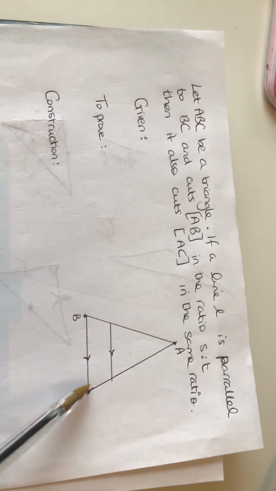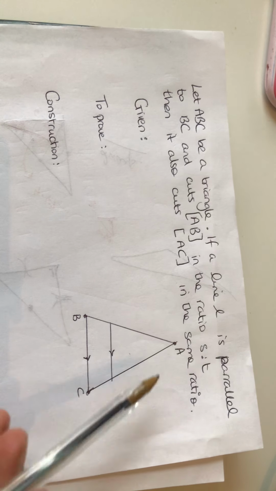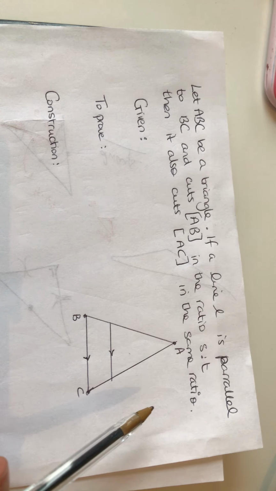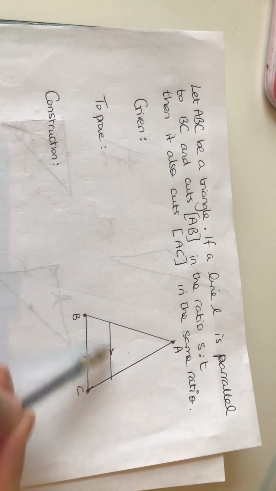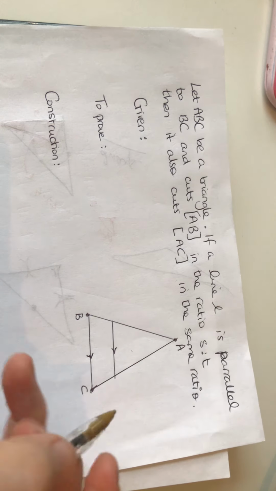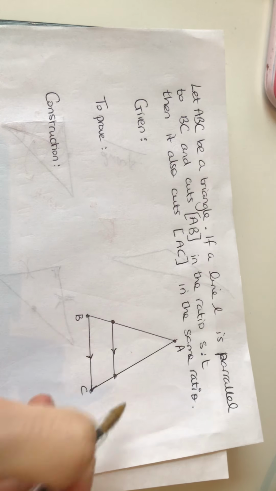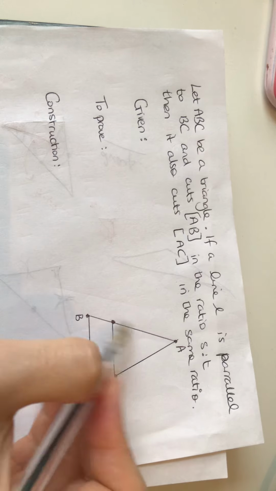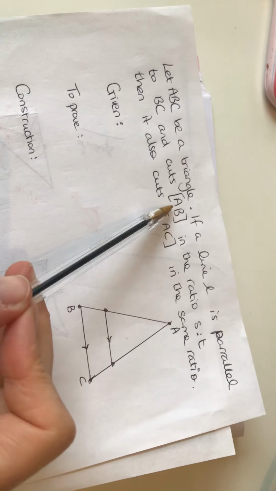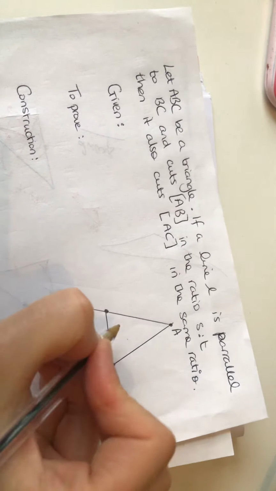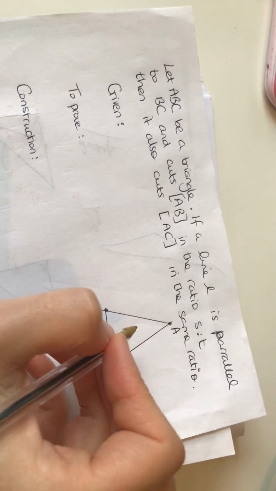I was given a triangle. I've named it A, B, and C, as they have said. And a line, might as well name that line, they've called it L, but if you notice here, it has cut AB here, and it does talk about cutting AB, so I might as well talk about where it cuts AB. Again, doesn't matter what you call it.